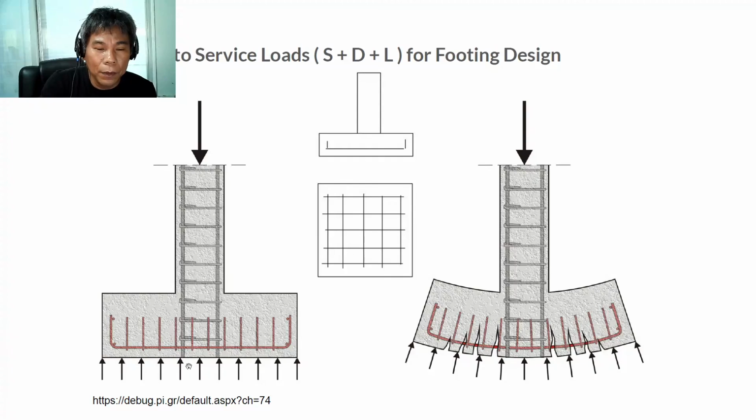If you imagine this one, it is an inverted beam, the loads are at the bottom and the reaction is at the top. So the behavior of this footing is that it will be concave upward. So the tension is at the bottom. That is why all of our reinforcement is located at the bottom for the footing. Okay, this is only for the isolated footing.